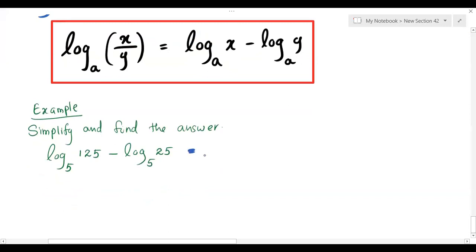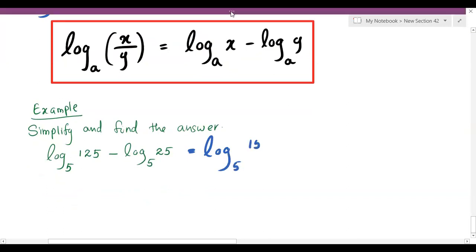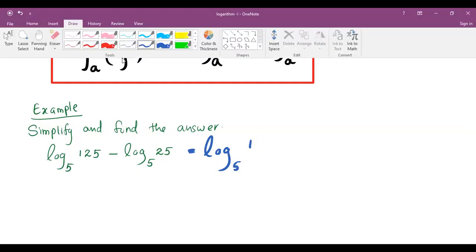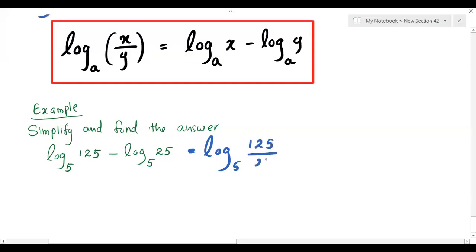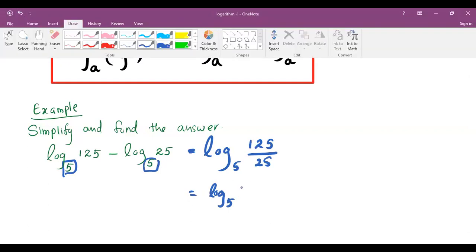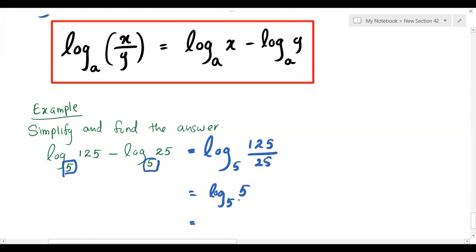Here it is a subtraction. So we can take 125 divided by 25. When you divide 125 by 25, why did I do it like this? It's because here the bases are equal. Then we can do this division. When 125 is divided by 25, it's 5. Now the base and the value written within the log term are equal. Therefore, the answer is 1.